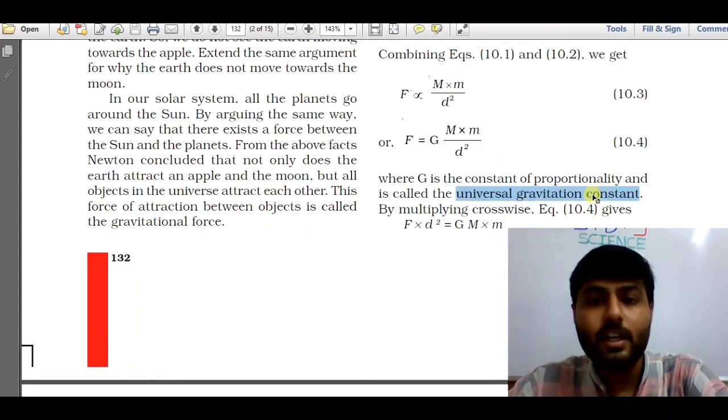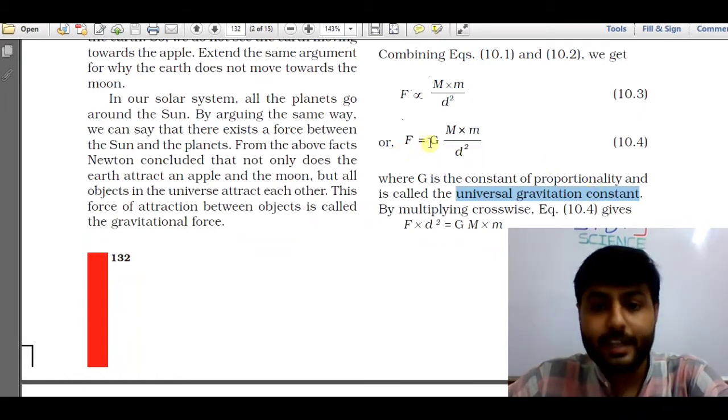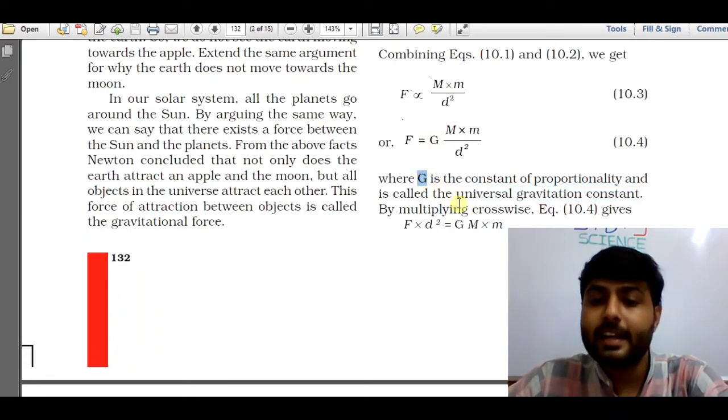This G is the universal gravitation constant, which we denote by capital G, and it is known as the universal gravitation constant.